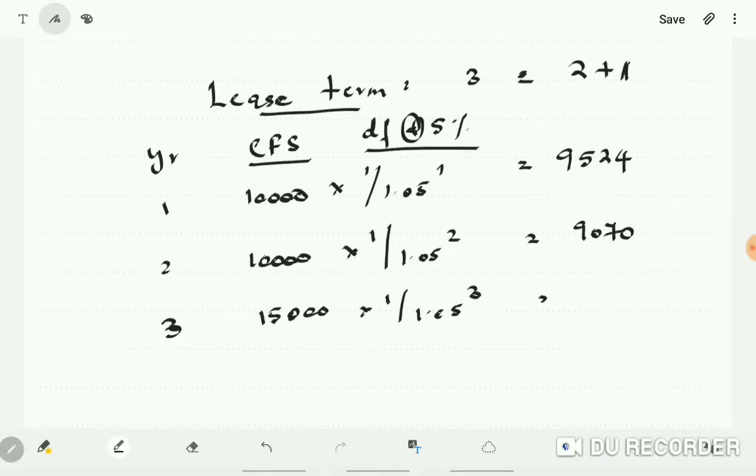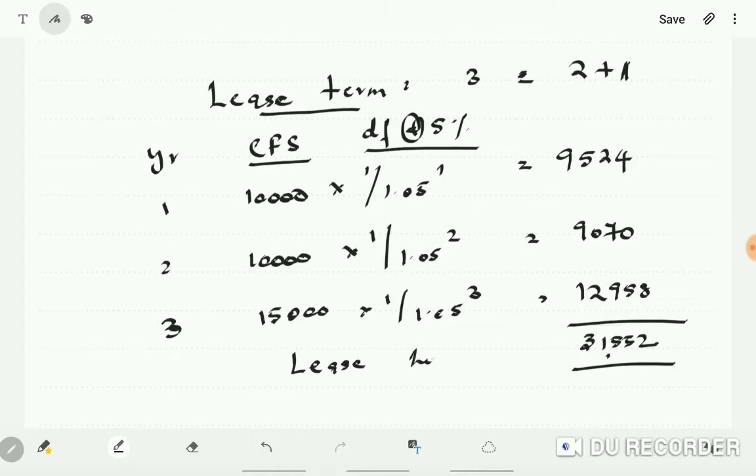Third one is 15,000 divided by 1.05 to the power 3, which is 12,958. The total is $31,552. Okay. 31,552 is the present value of all the amounts that the lessee had agreed to pay. So this is the lease liability.